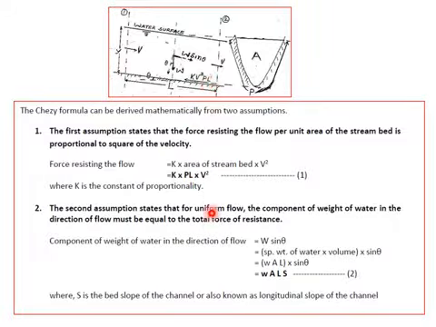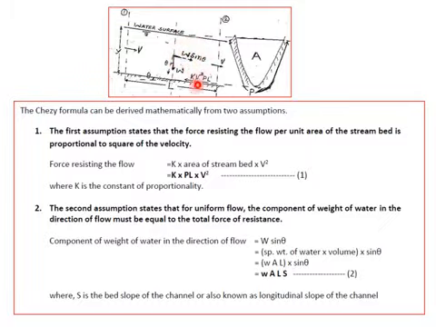Now for uniform flow, whenever we have the slope theta, there is a weight component acting vertically downwards. It is at an angle theta with respect to the normal to the bed. This component is W cos theta, but the component W sin theta is responsible for the flow to take place.